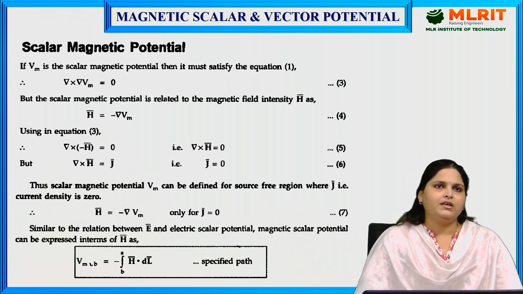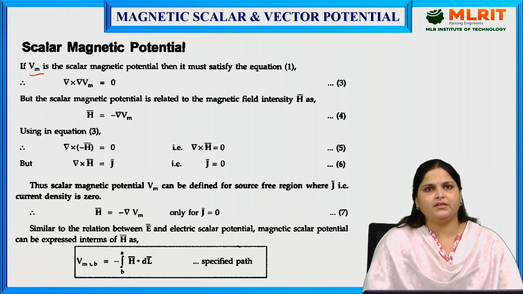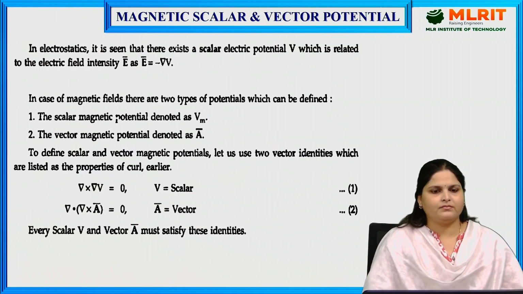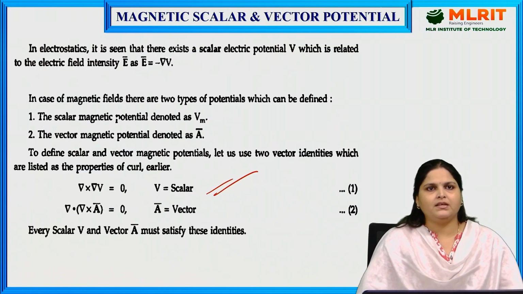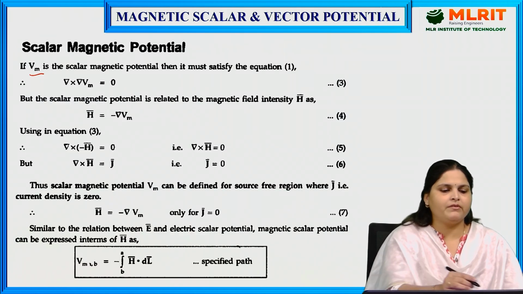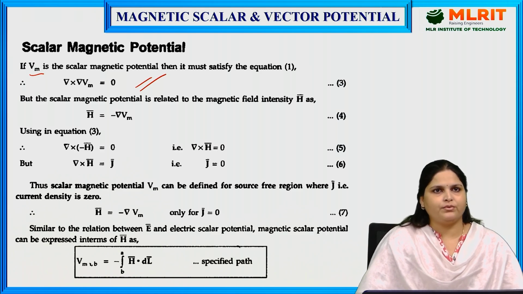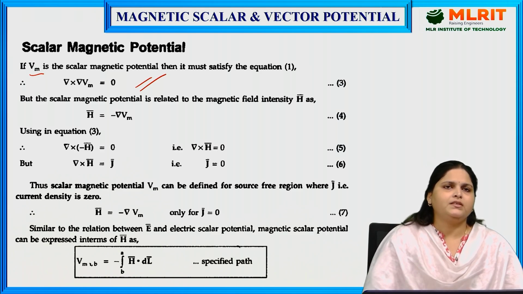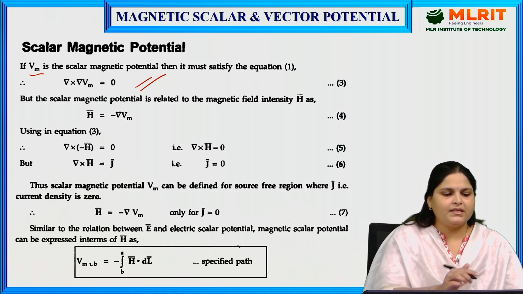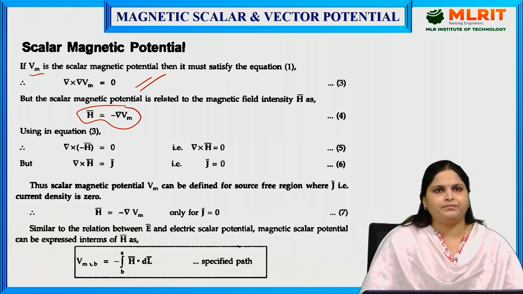If Vm is the scalar magnetic potential, then it must satisfy equation number 1, that is, curl of gradient of V is equal to 0. We write this in terms of Vm: del cross del Vm is equal to 0. But the scalar magnetic potential is related to magnetic field intensity by H is equal to minus del Vm.